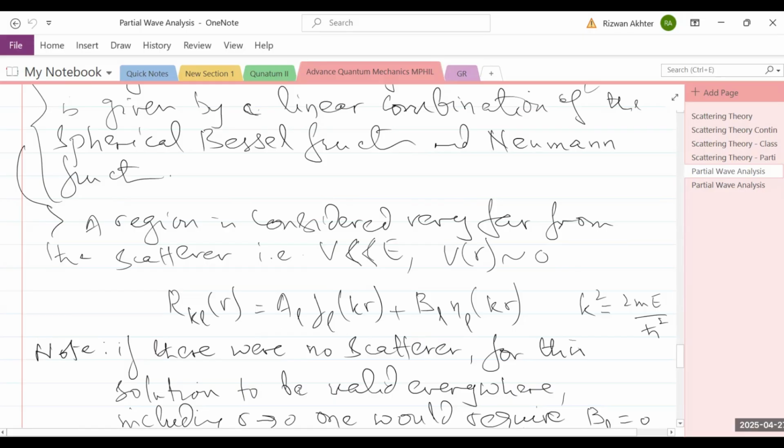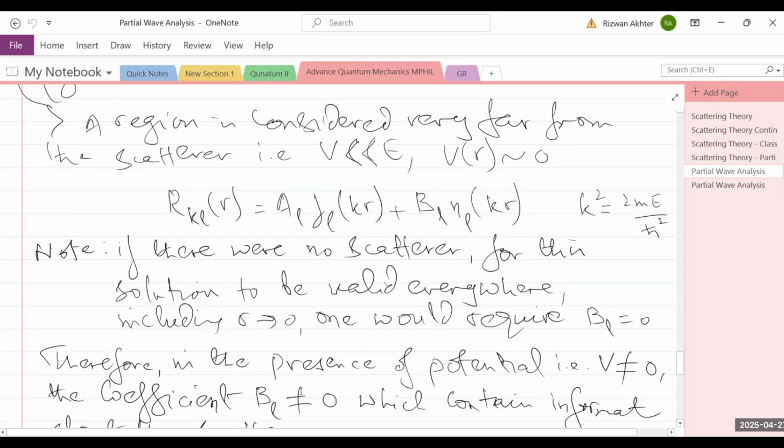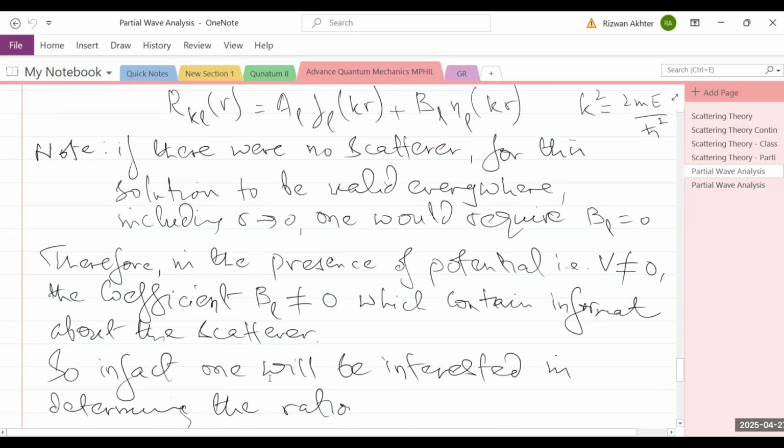So these are the two functions, and if there were no scatterer, for example, we consider that there is no scatterer, then this BL term, that is the second term, would be zero, because BL would be equal to zero. Therefore, in the presence of potential, that is if there is a scatterer, the potential would not be zero, and in that case BL, that is the Neumann coefficient, would not be equal to zero.